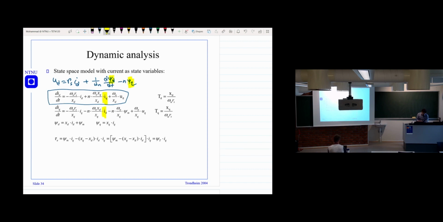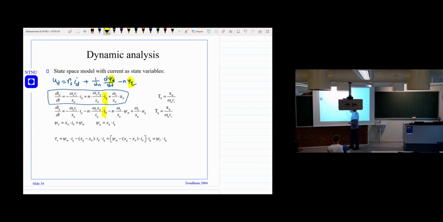And here, this term is coming from the d-axis current. So you have a cross-coupling term here. And also you have something here that we call the feed-forward term, if you remember. So you have one feed-forward term and the two cross-coupling terms.